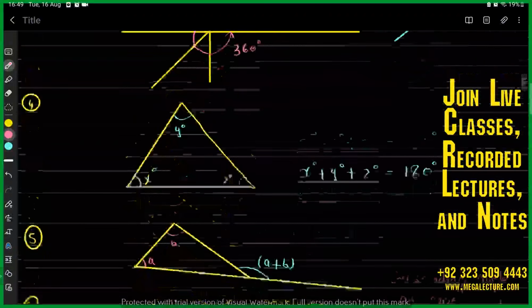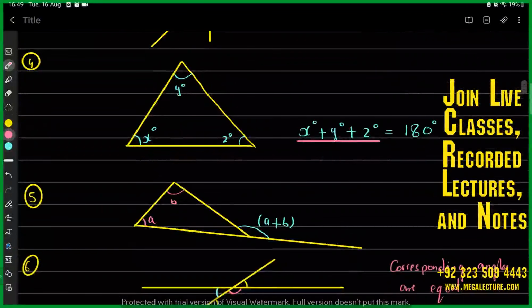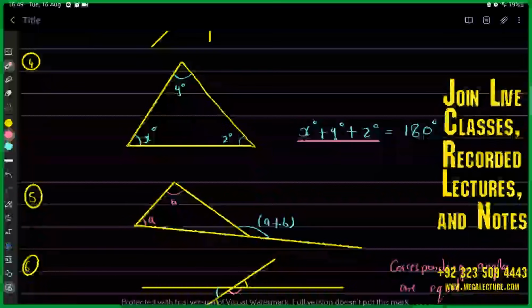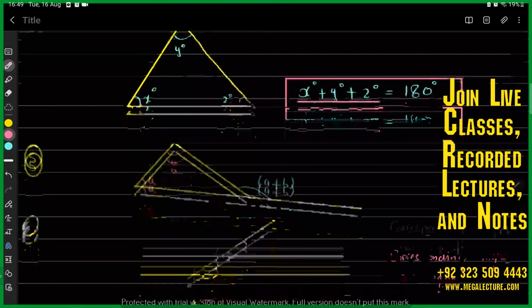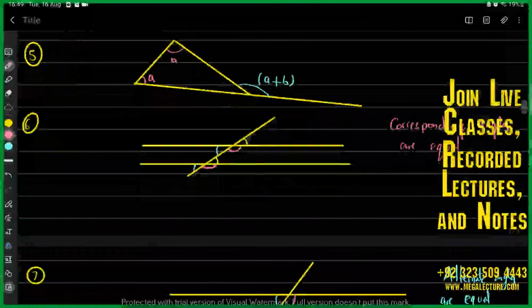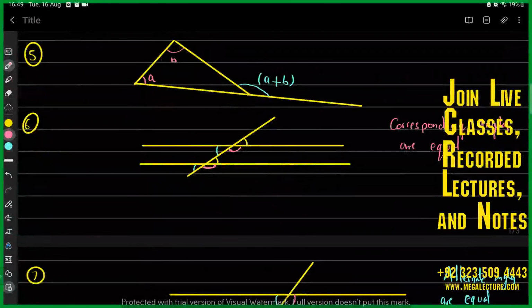Then we had some discussion about triangles. All you know so far is that sum of interior angles in a triangle is 180 degrees. So if you know two angles, you can easily find the third one using this condition. Then the fifth one was simple. It's just coming from the previous knowledge.